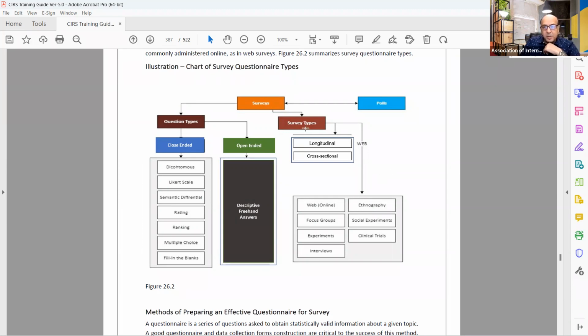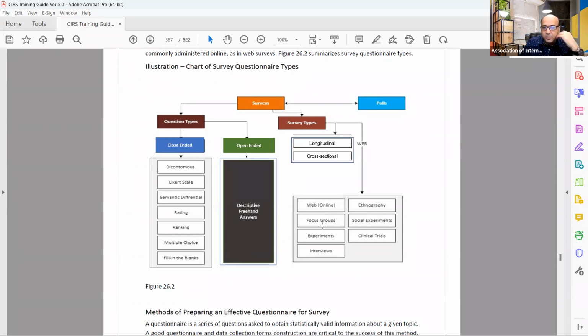On the survey types, one we call longitudinal, and then there is a cross-sectional survey. Assuming that both of these types of surveys can be done on the web, some of the ways in which the internet can be used is obviously through online surveys that you can put online.